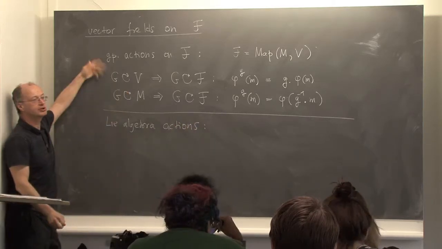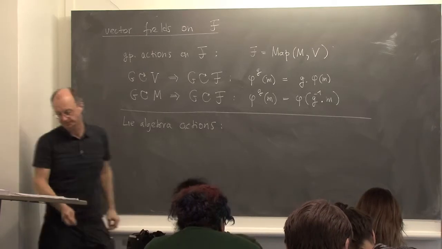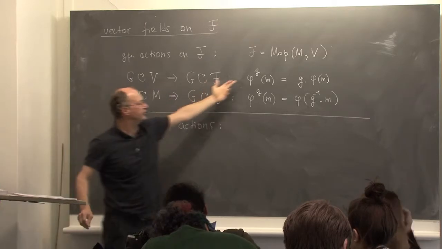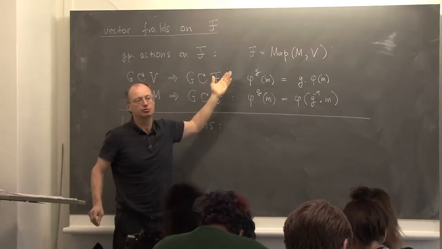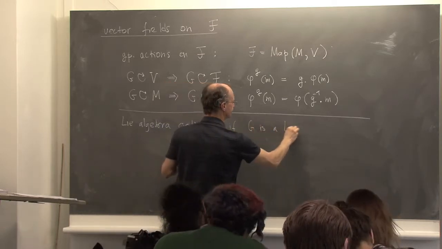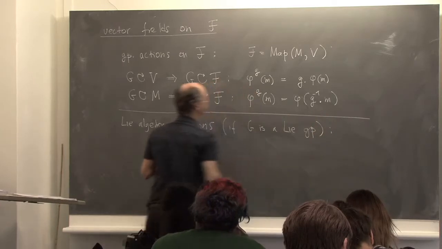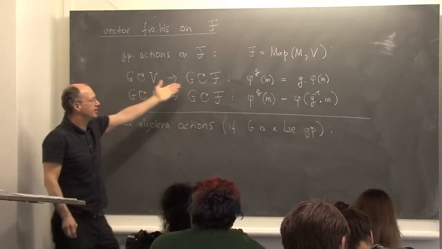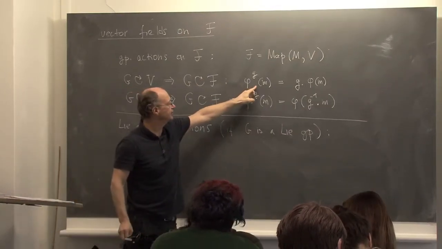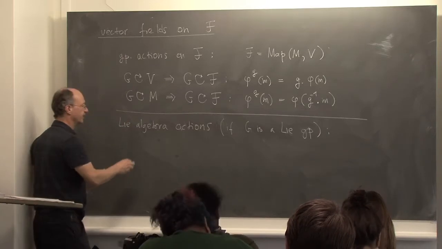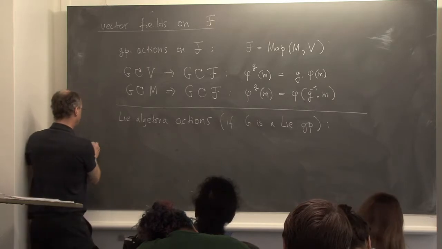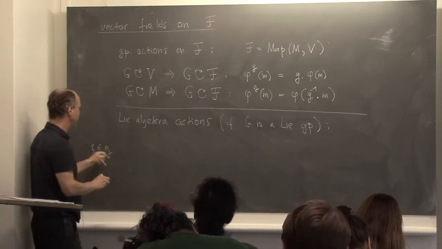Now this picture induces Lie algebra actions. We just need to differentiate those group actions, assuming the group is a Lie group. This induces Lie algebra actions on our space of fields. What will be the formula here? Let me write it in the following way. I have psi, an element of my Lie algebra.